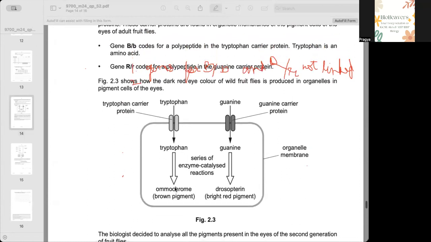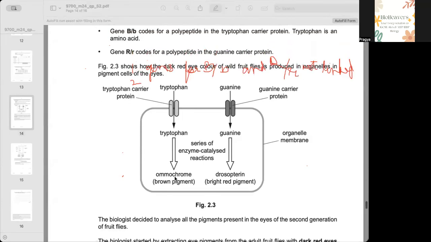The brown pigment and the red pigment, both of these pigments are produced. So if we have the dark eye color, it is able to produce both of them. That's why it's giving the dark eye color.